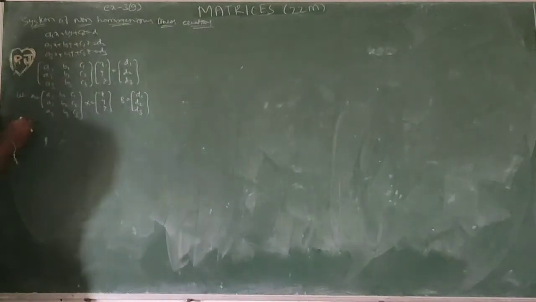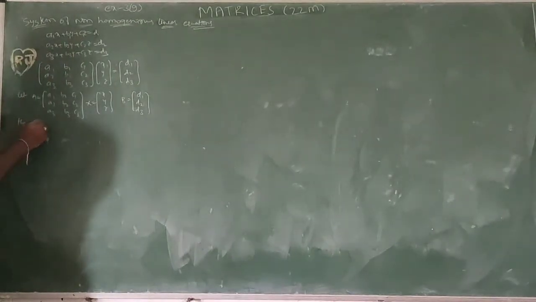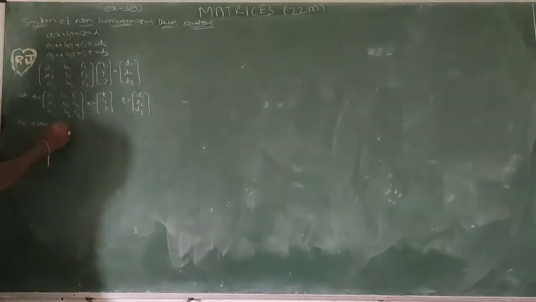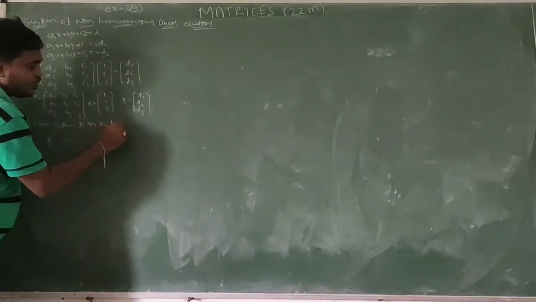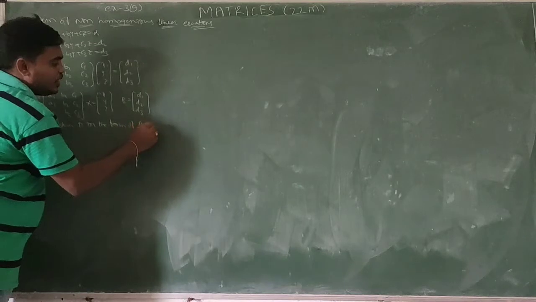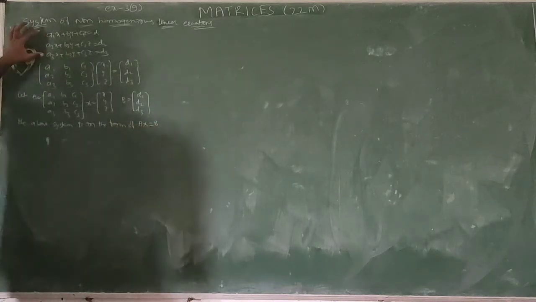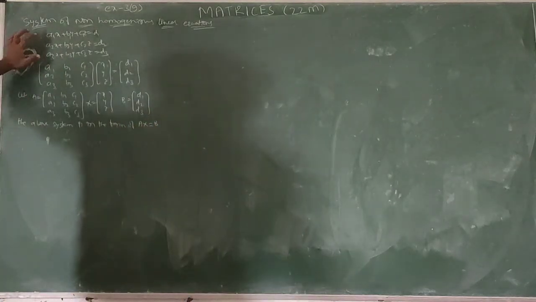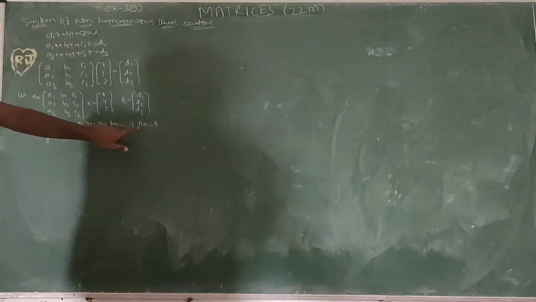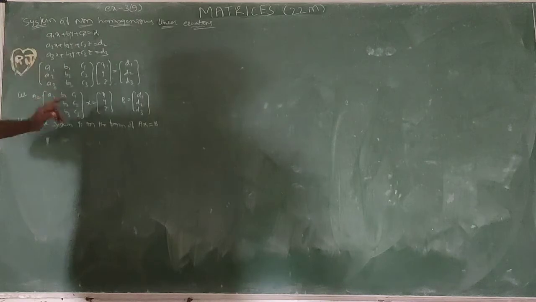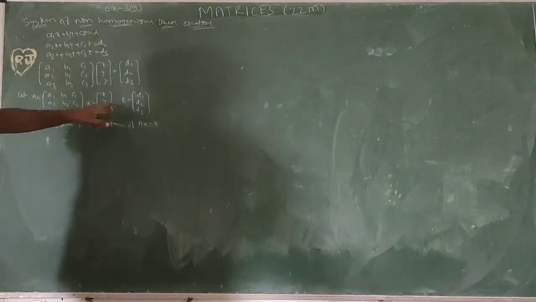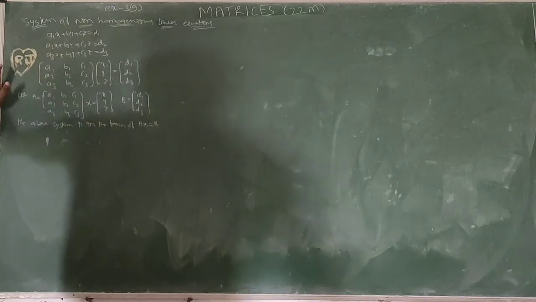So the above system is in the form of AX equal to B. The system of equations is in the form of AX equal to B. A is the coefficient matrix, X is the variable matrix, and B is the constant matrix.